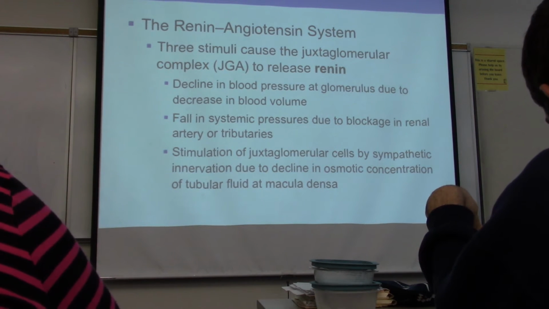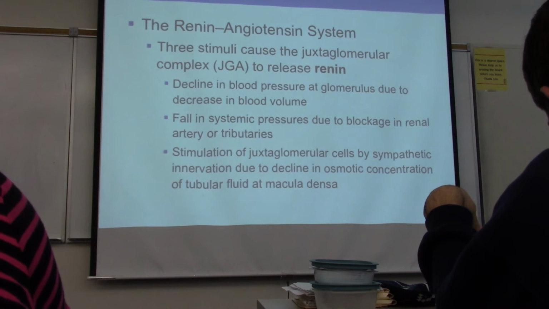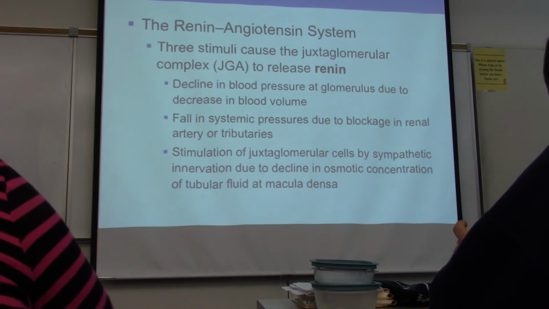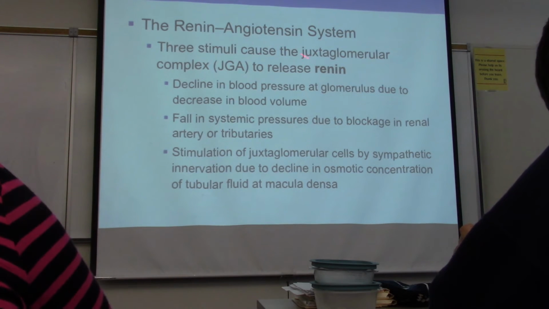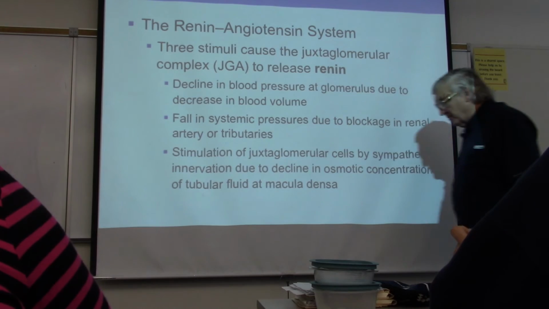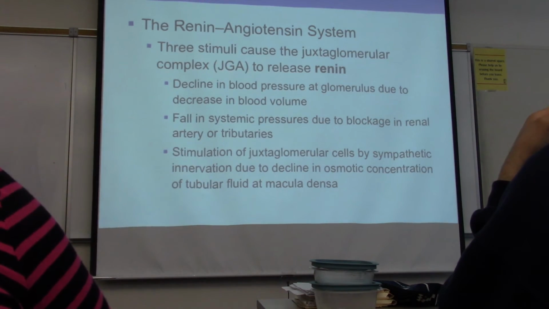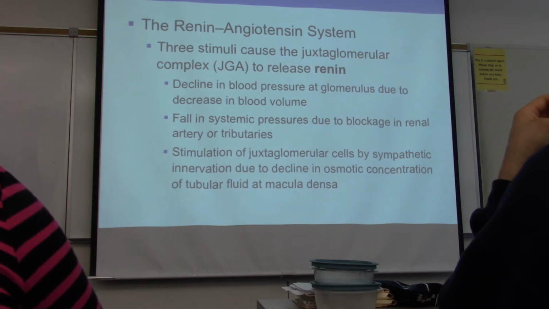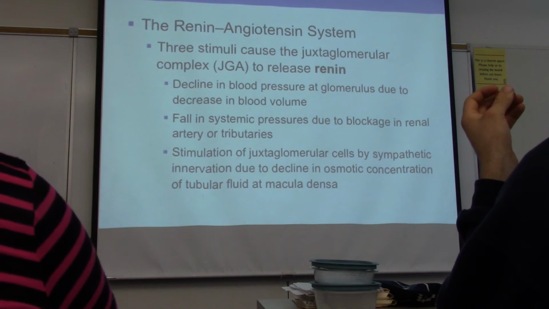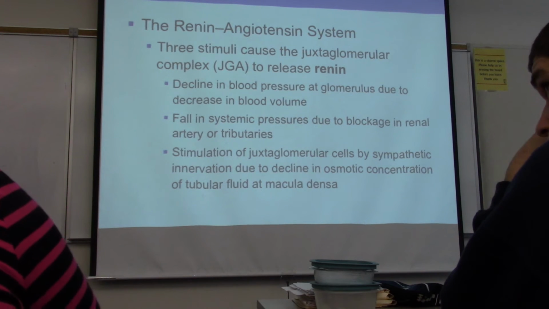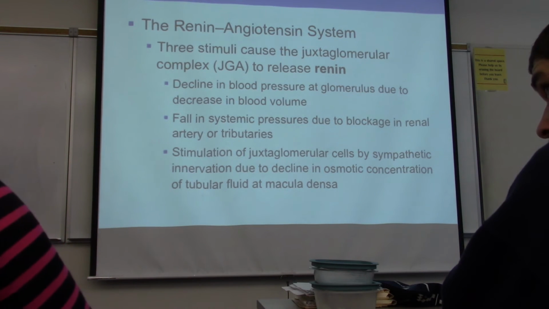Renin is interesting because there's three different ways that the juxtaglomerular complex. Now, what is the juxtaglomerular complex? Jeez, we haven't gotten to that picture yet, I don't think, but I'll show it to you. But remember, here's the glomerulus, and it goes out through the proximal convoluted tubule, down through the dip and back.